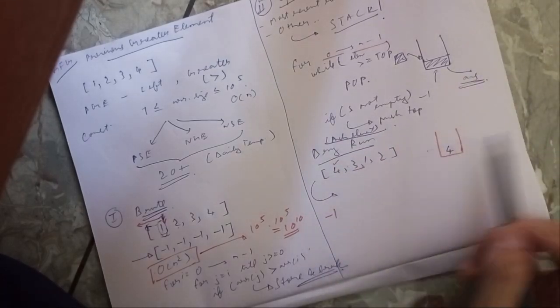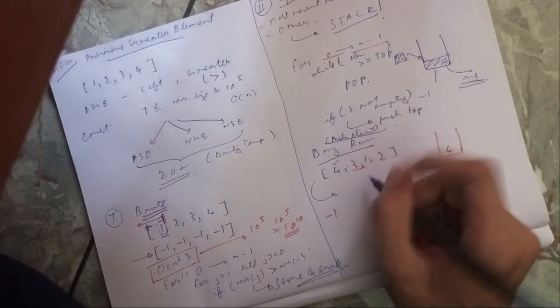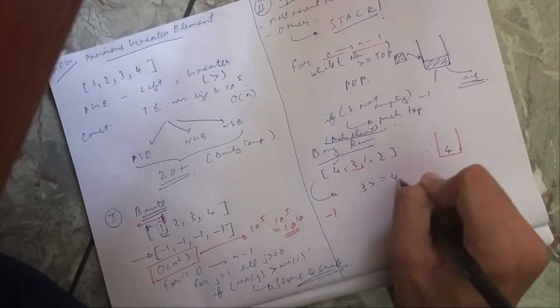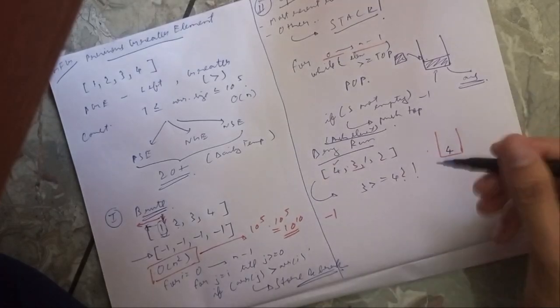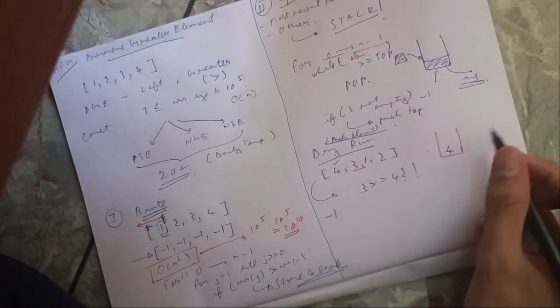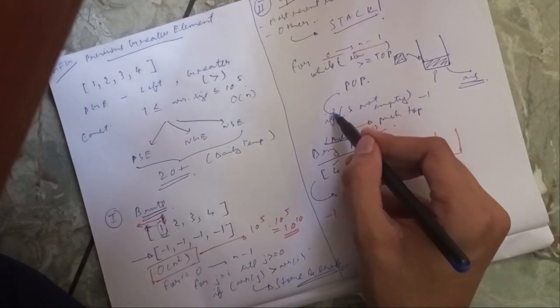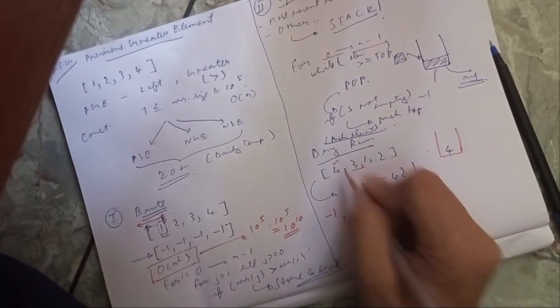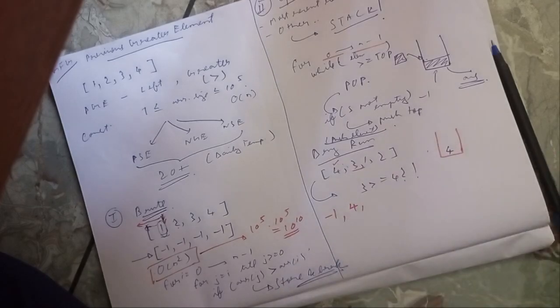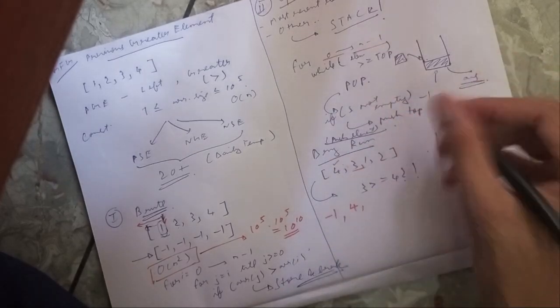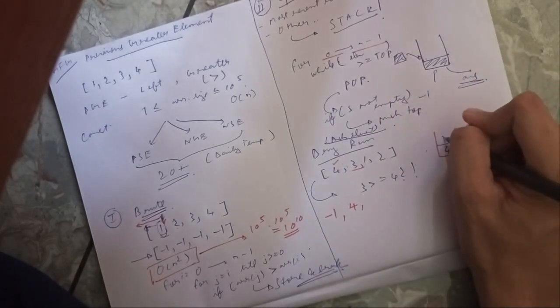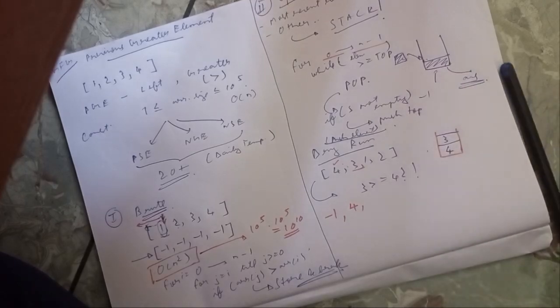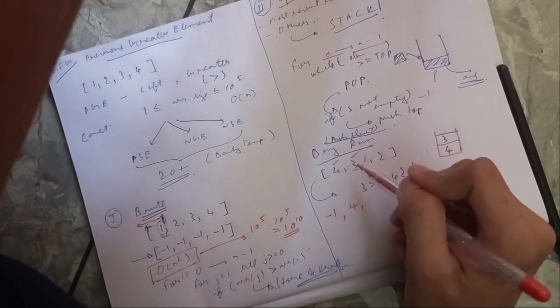We will check here, is 3 greater than or equal to 4? No, so it may not pop, right? It will just go over here and it will push top. So minus 1 comma 4. Now again we are anyway storing 3 here. Nice. Now 3 is also done.